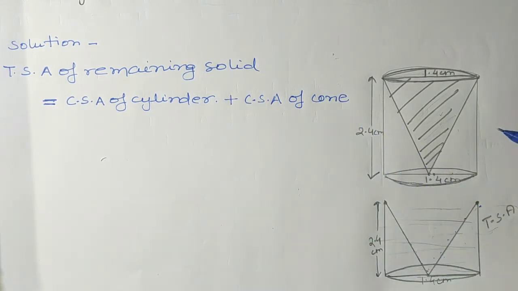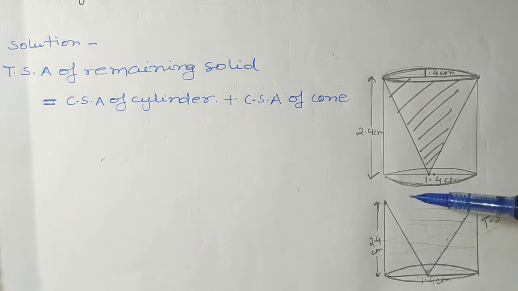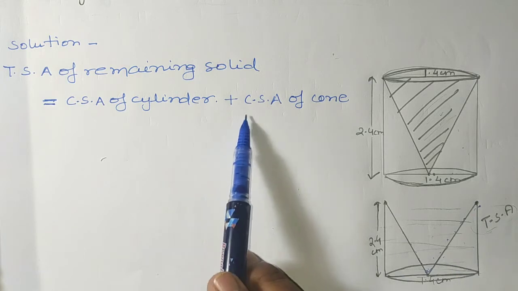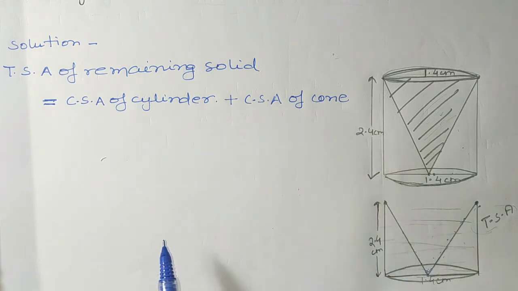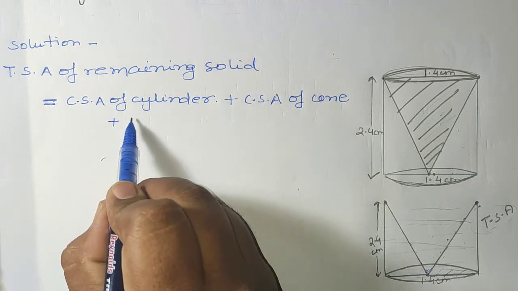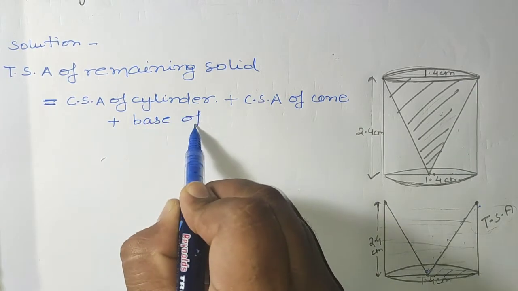In the beginning of the figure, we did not have the wall of this cone, but when a cone is cut out from this cylinder, then this wall will be there. This circular wall is the wall of the cone, so we have to add the curved surface area of the cone. And one more thing is there, students, this base. This base is also there, so we will add base of cylinder.